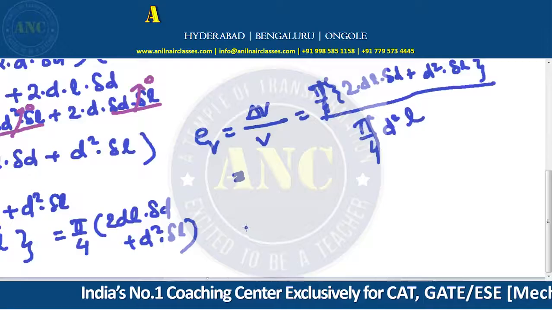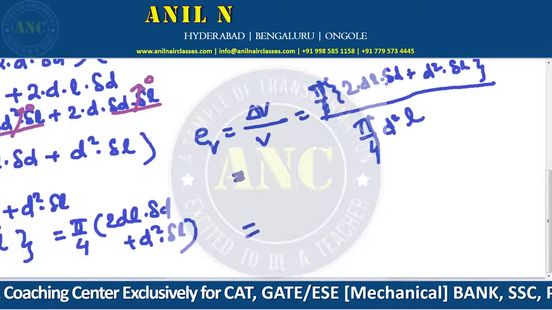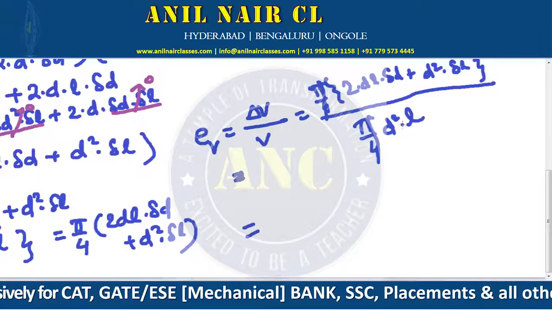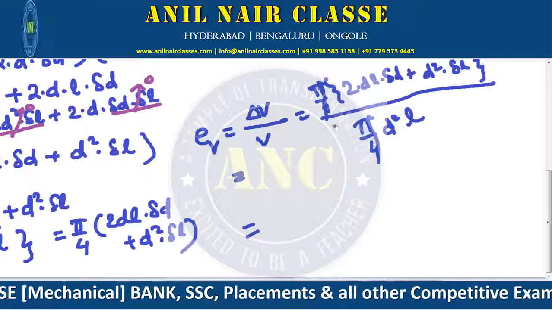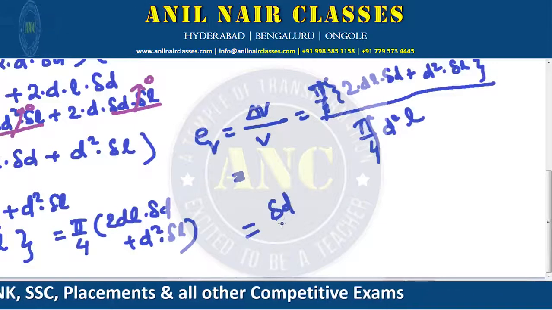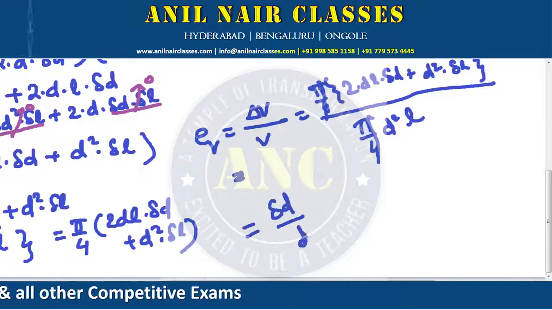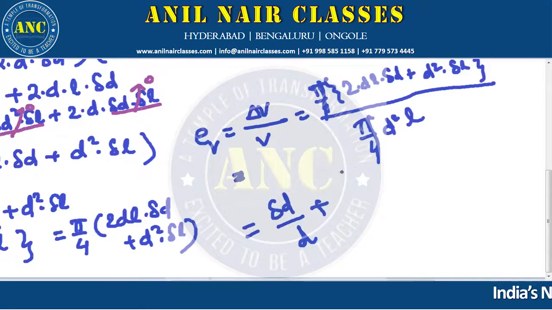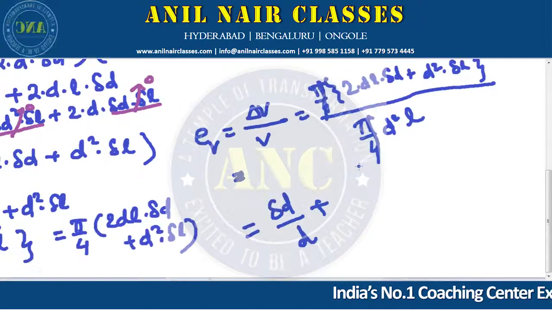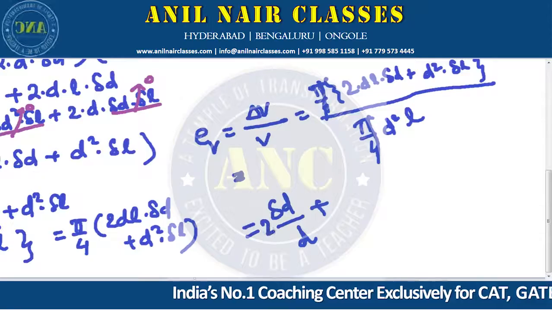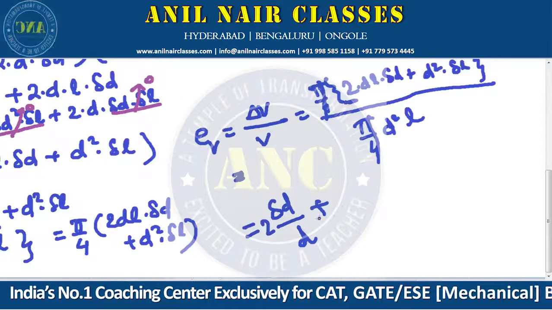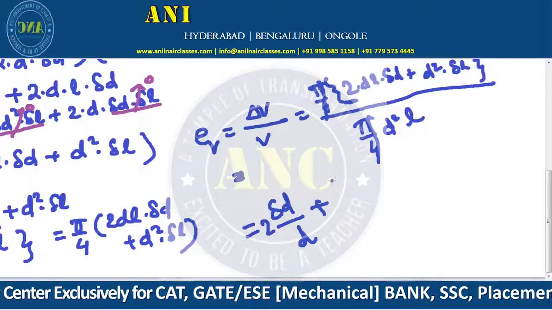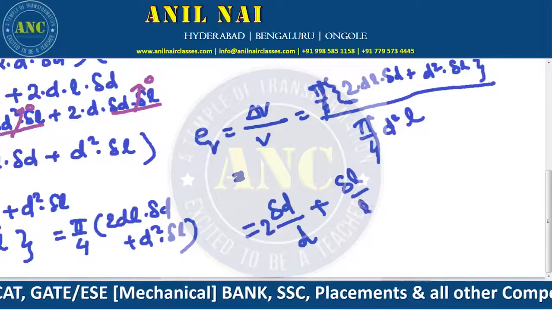So here this will be 2dL delta d divided by d square L. L gets cancelled, so we are left with 2 delta d by d, sorry I missed 2, this 2 was there. Then here d square is cancelled, so we are left with delta L by L.